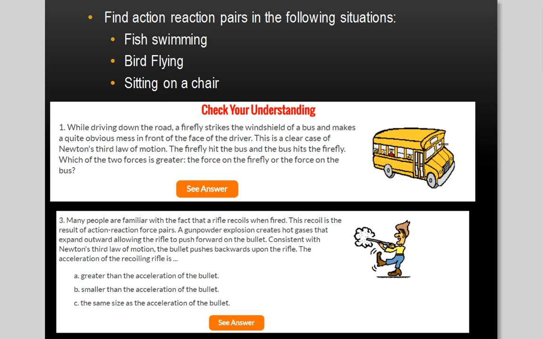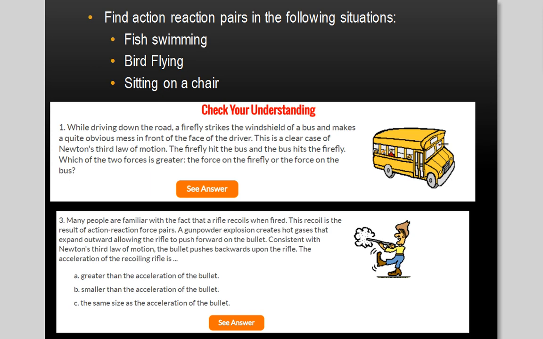Your body, namely your butt, pushes down on the chair. The chair pushes up on your butt. And those two forces are equal and opposite. Always.